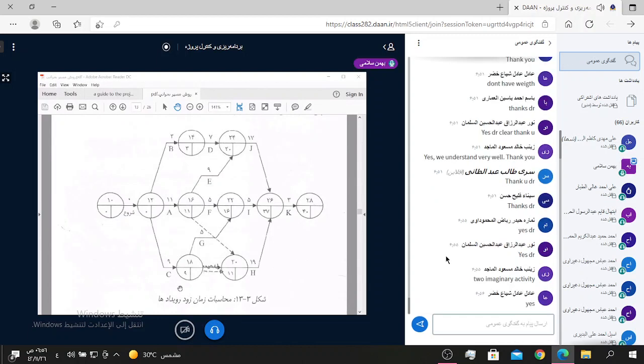We should analyze this network and we should find the critical path method in this network.